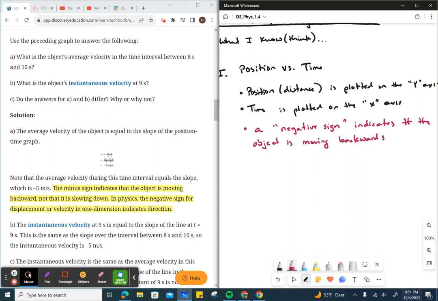Okay. And not, no, it does not signify a slowdown. It does not signify that, okay?